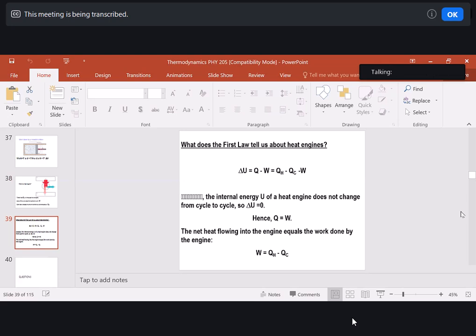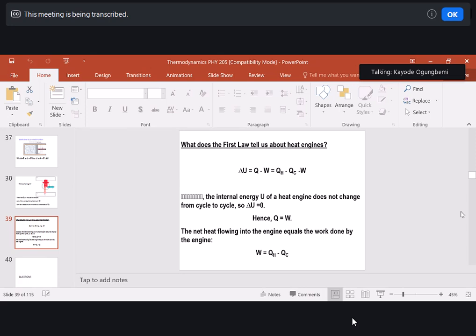Are you okay now? Yes, sir. The internal energy does not change at any cycle of the system. So the net heat flowing into the engine equals the work done by the engine.